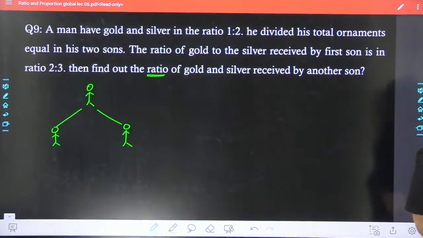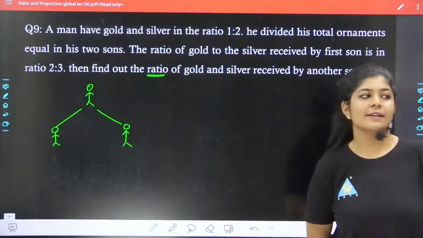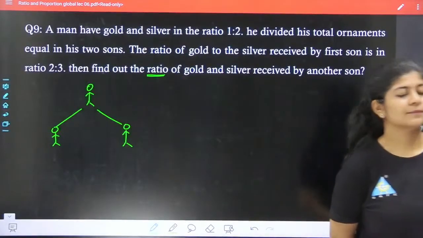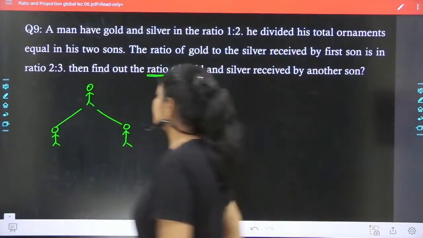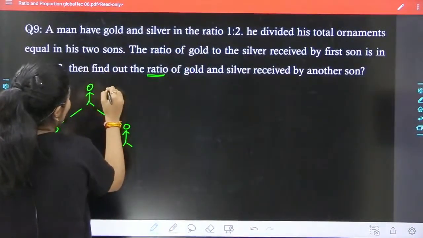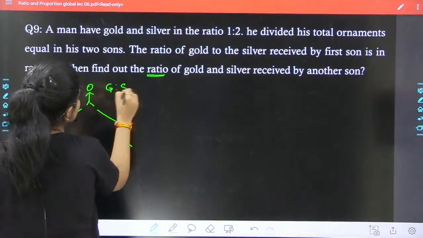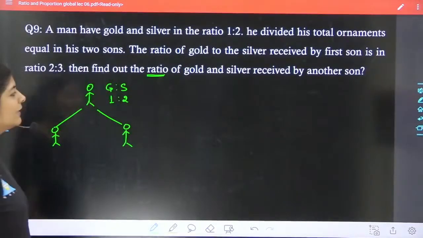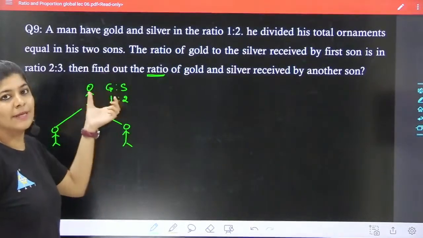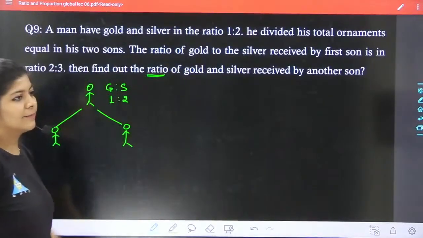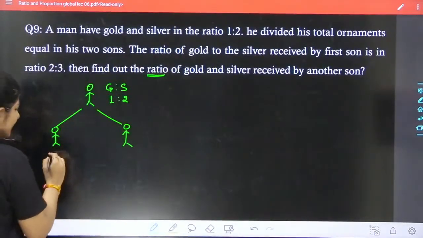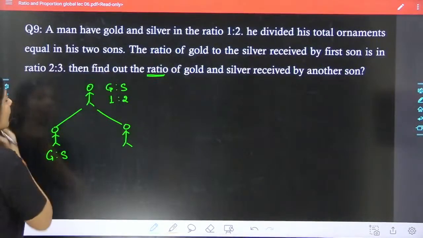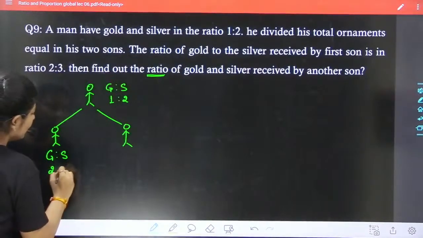Okay, what is the ratio of gold and silver received by the other son? If a man has gold and silver in the ratio 1:2 and he divided all his ornaments in two equal parts, and the first son received gold and silver in the ratio 2:3.